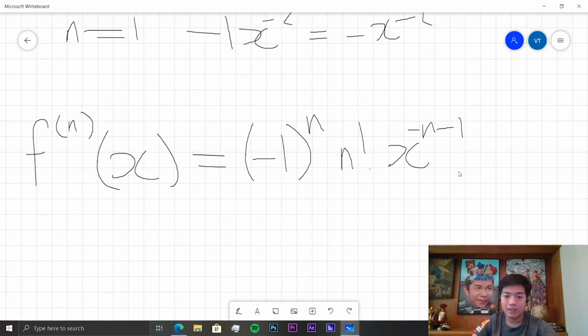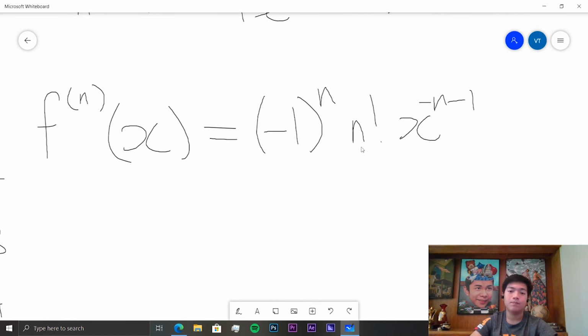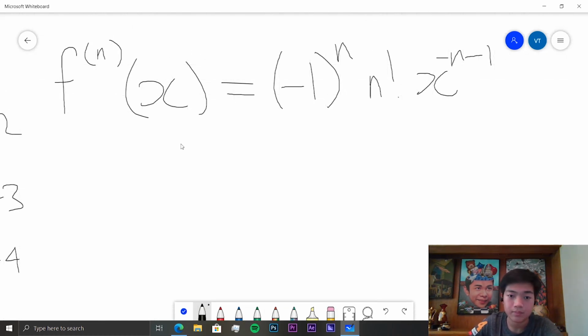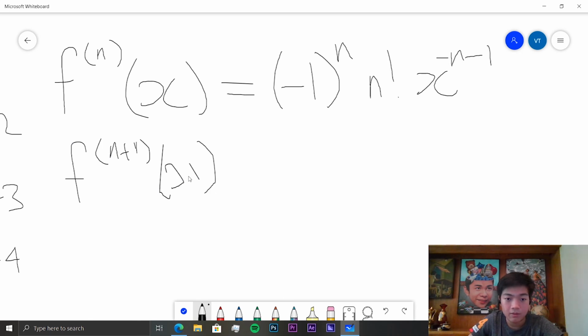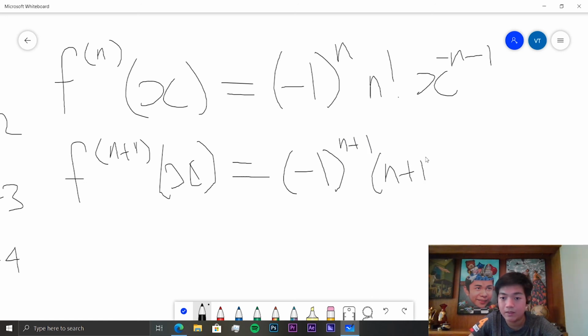Now we have to do the inductive step. So assuming this is true, let's prove it for the next one. So therefore, f of n plus 1 of x, we want to prove this is equal to -1 to the n plus 1 times n plus 1 factorial times x to the -n minus 2.